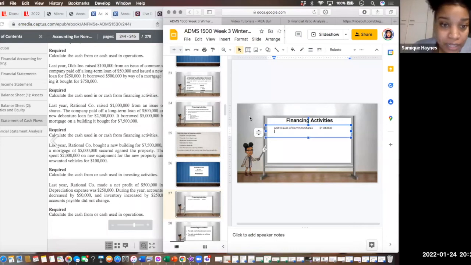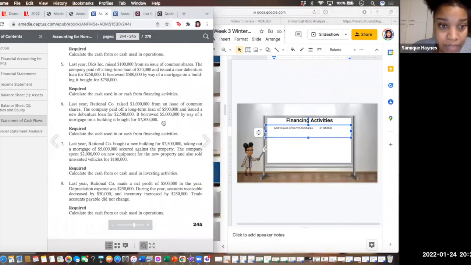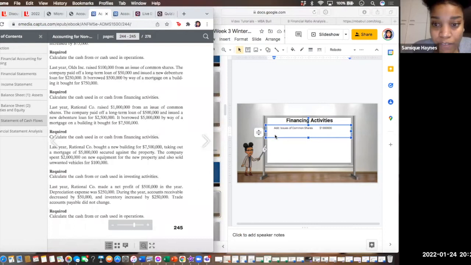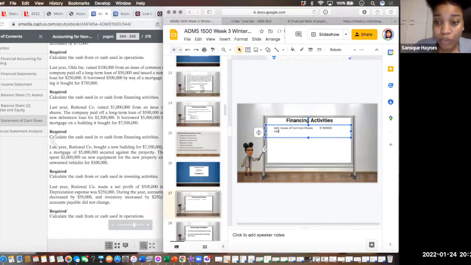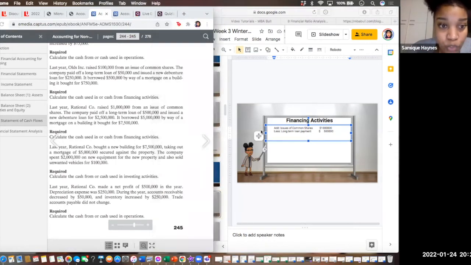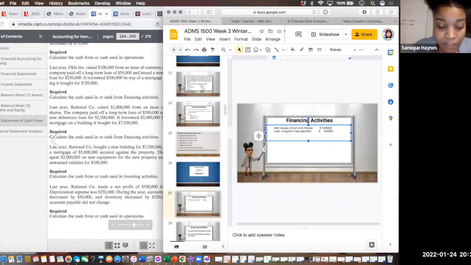The next thing that they did was that the company paid a long-term loan of $500,000. So if you pay a loan, it's going to reduce your cash. So less long-term loan payment, $500,000. And then what happened next is that it issued a new debenture loan of $2,500,000.